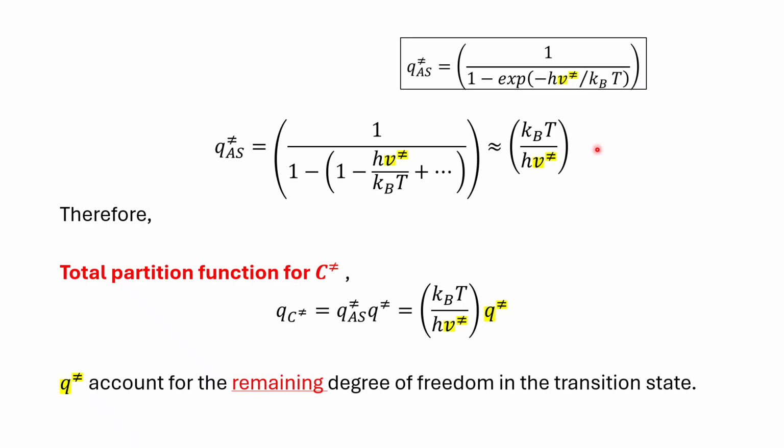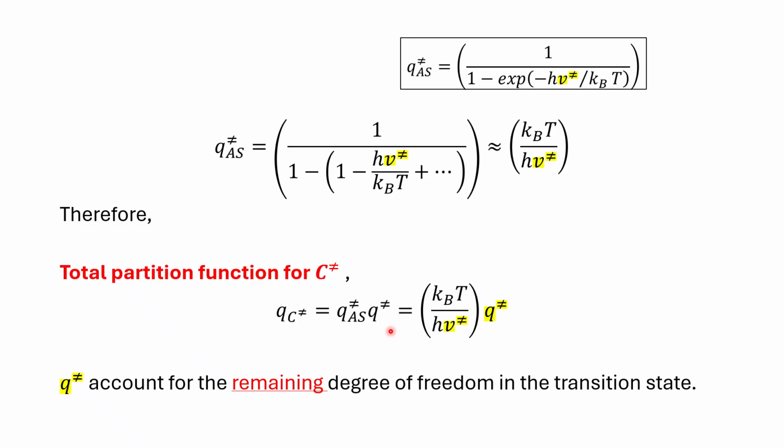Now we can define the total partition function for the activated complex by factoring out this special reaction coordinate partition function for the asymmetrical stretching from the remaining degrees of freedom, which is denoted as Q with this double dagger.